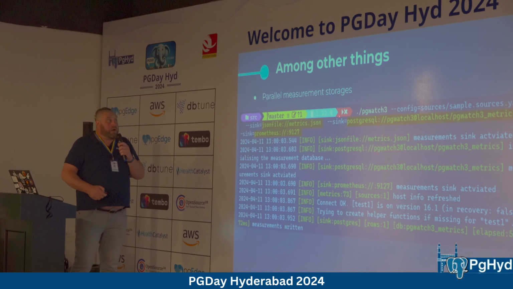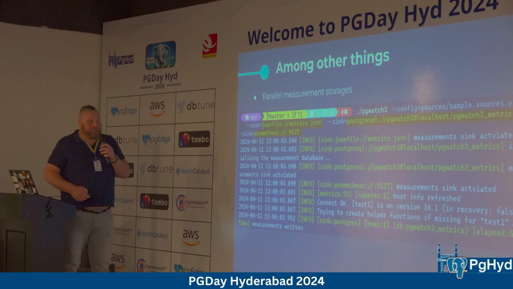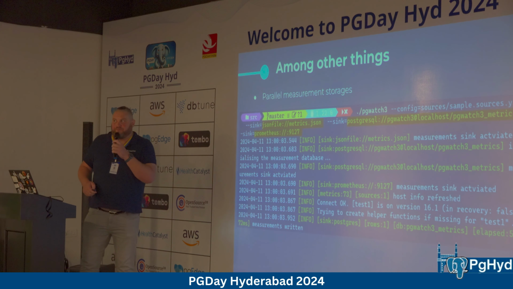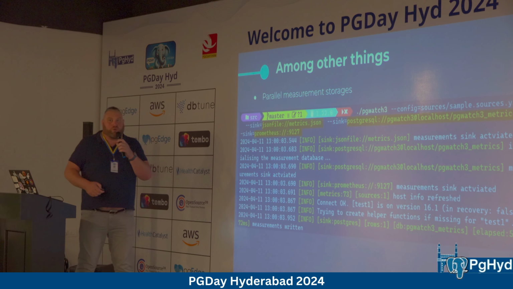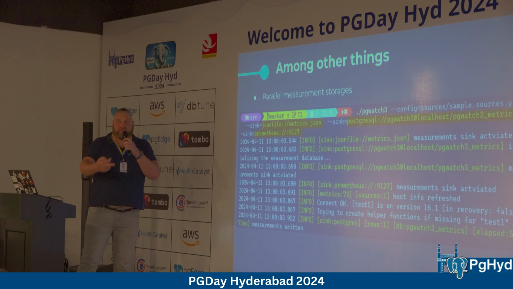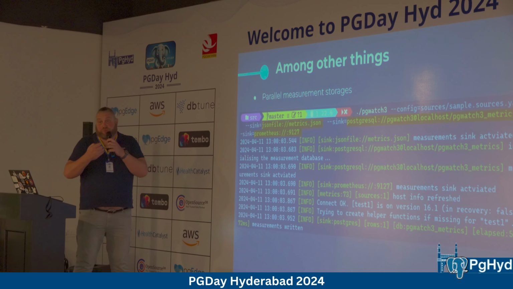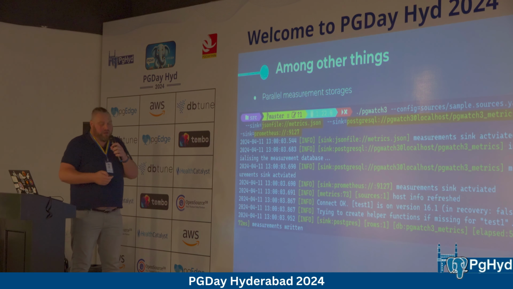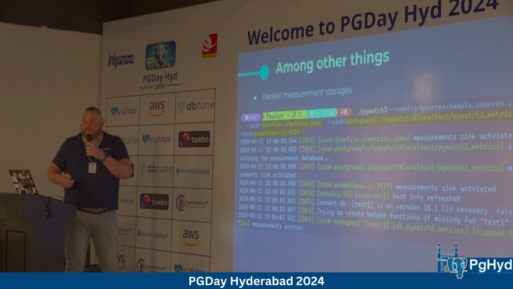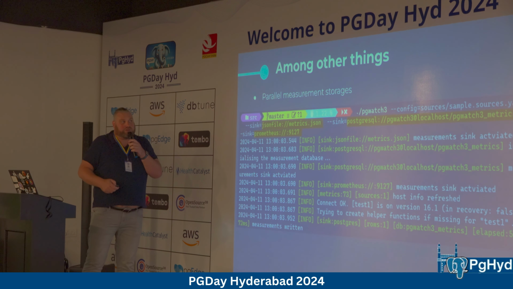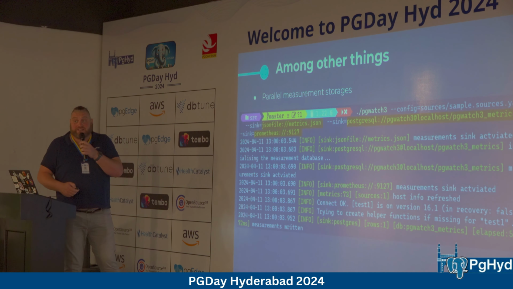Okay, what really important change? We introduced the term sink. So we get the measurements from our sources. Sources are databases, pgpool, pgbouncer, Patroni, right? We get the measurements and we want to save them to a sink. In the previous version, there was only one sink, so you could specify only one sink for your workload, right?